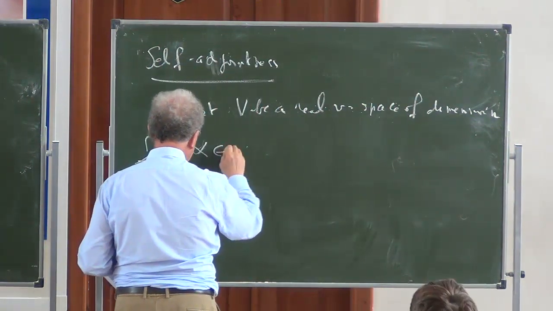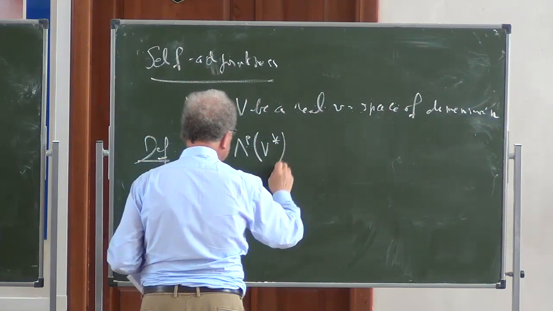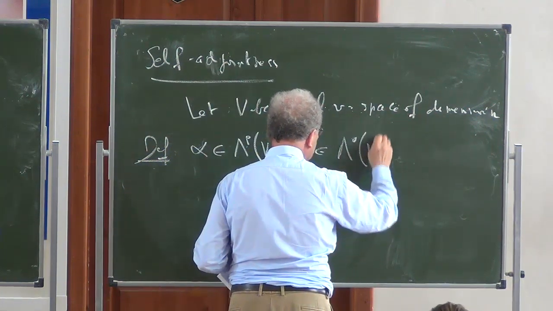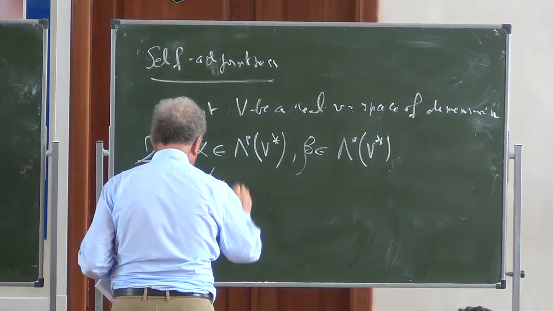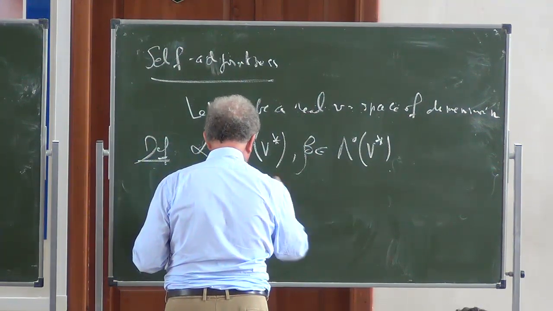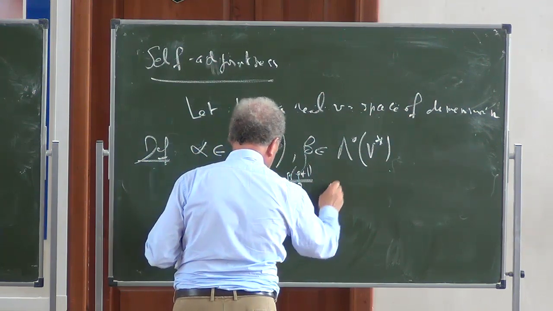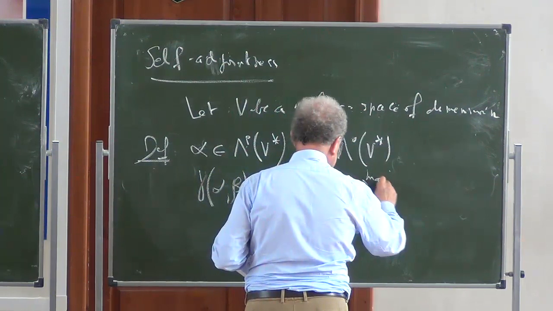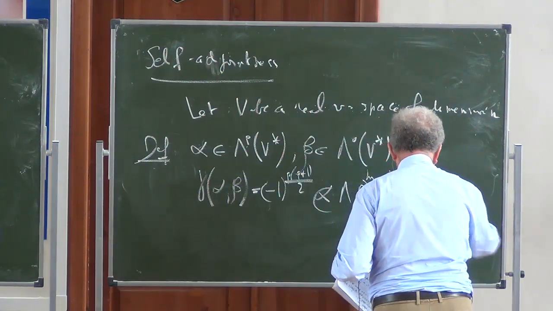Okay, so by definition, if alpha is in lambda^p of V star, and if beta is in lambda of V star, I define gamma of alpha and beta to be (-1)^((p+1)/2) alpha wedge beta max. Well, max means that I just take it in lambda^n of V star.